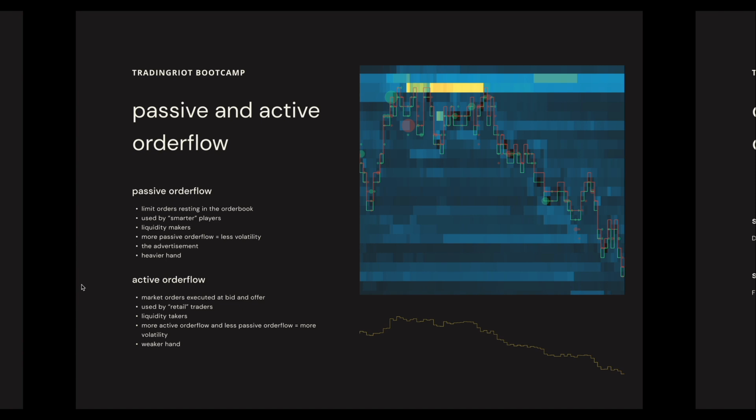They are liquidity takers because they are taking the liquidity from the order book. The more active order flow and the less passive order flow, the more volatility. Once again, with less liquidity in the books and more market orders getting in, the market will be more volatile. These are the weaker hands in the market.